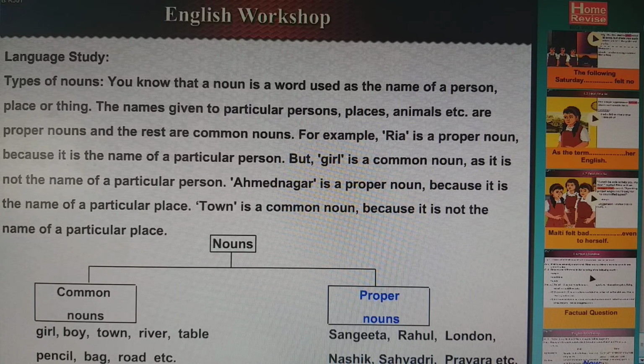Then some hospital names, Seva Hospital, with capital H. Which hospital is it? Hospital is common; then the name of that hospital, Seva Hospital. Papers means common noun. Then which paper? Indian Express, Times of India, Lokmat. So just do the revision of the types of nouns, the two main, common noun and proper noun.